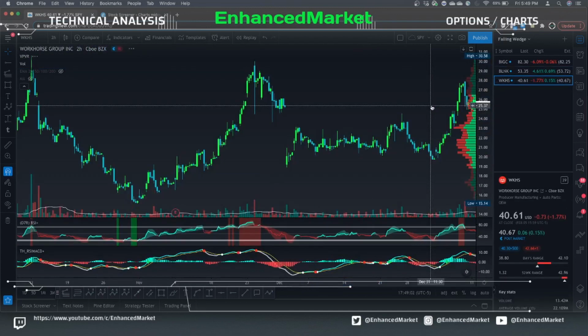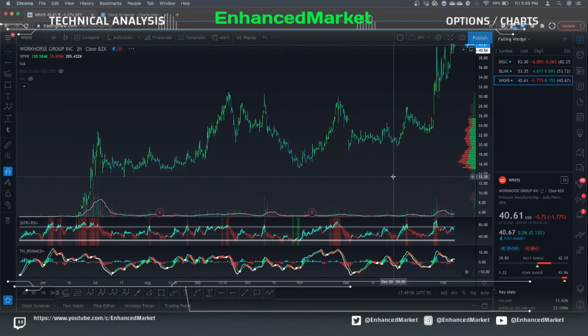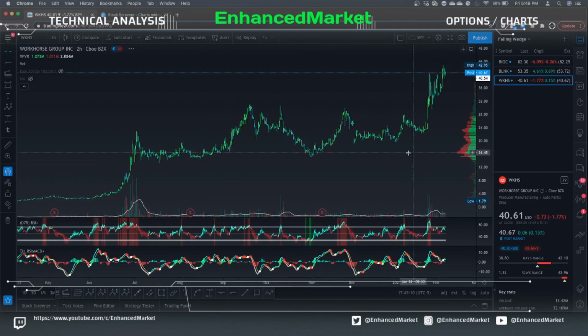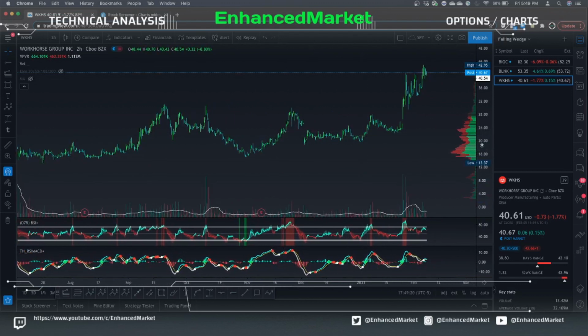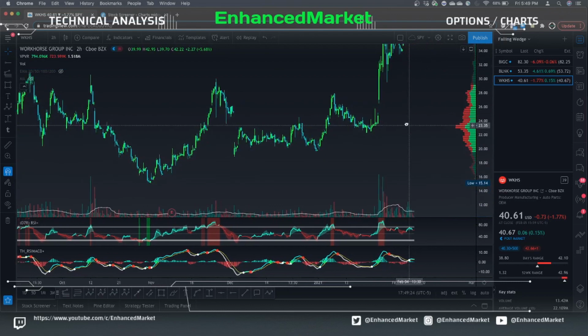Another example. Workhorse. I hope just by looking at this chart, you can potentially see where a falling wedge would happen. Just looking with my eye, this looks like a bull flag, possibly a falling wedge. But this one, right over here, this looks like a very nice falling wedge.